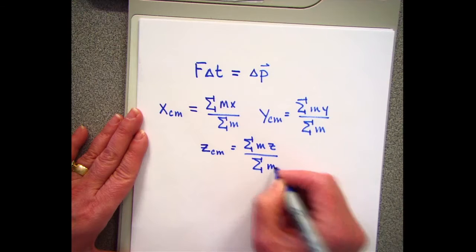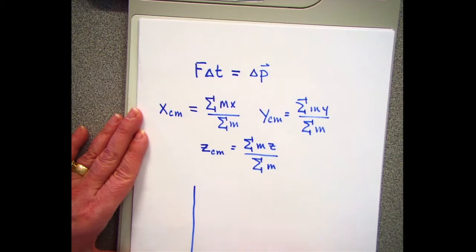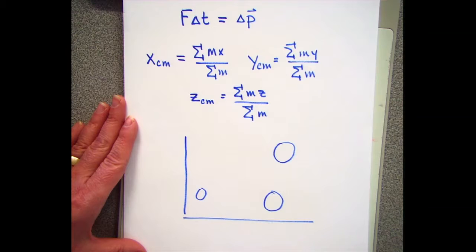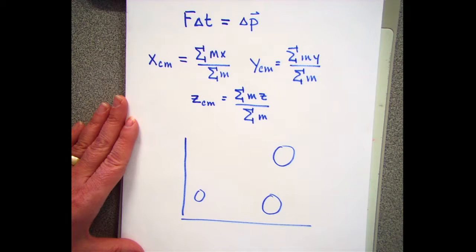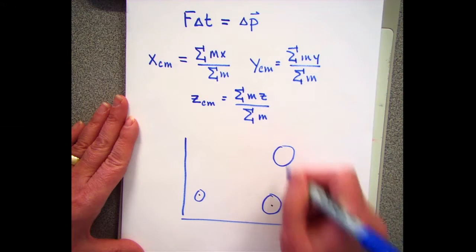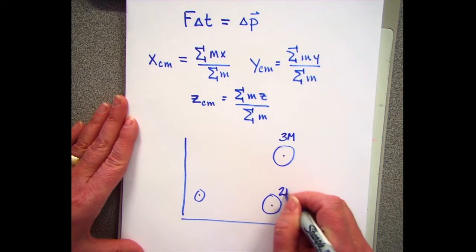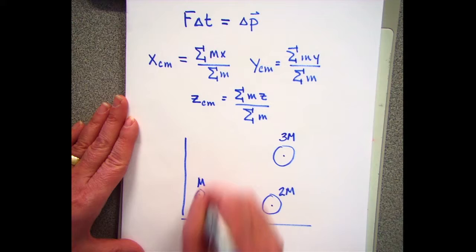And this is written out as if I'm doing this kind of center of mass problem. Where I have 3 items. I know where these locations are. So let's go ahead and say this is 3m, this is 2m, and this is just m.